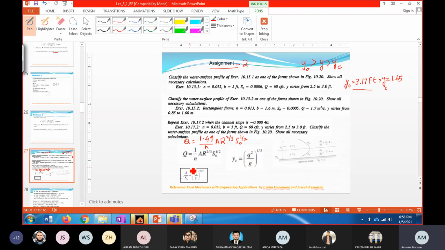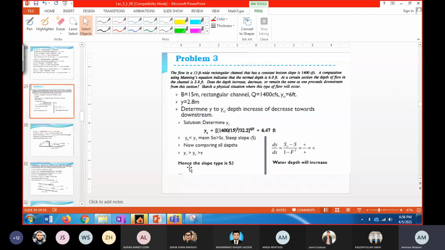Okay, let's check the next slide. Okay, this is another question. Please check it. The flow in a 15-foot wide rectangular channel with a constant bottom slope is 1400 cusecs. A computation using Manning's equation indicates that normal depth is 6 feet.